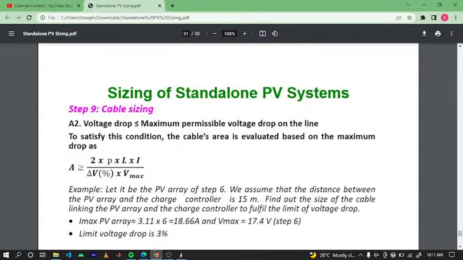The I is the PV current, which is the short circuit current times the number of strings. Your V max is your PV array V max on the PV array data sheet, and the voltage drop is given by 3%.